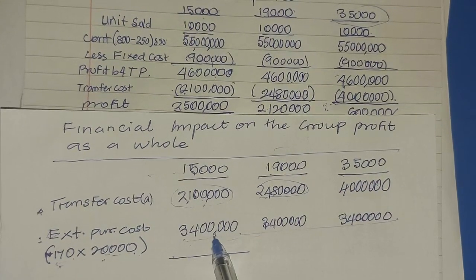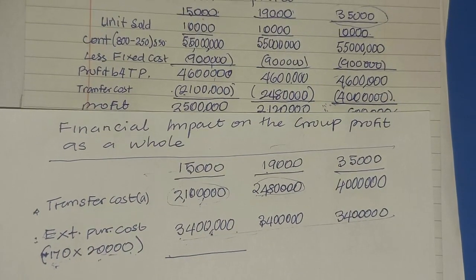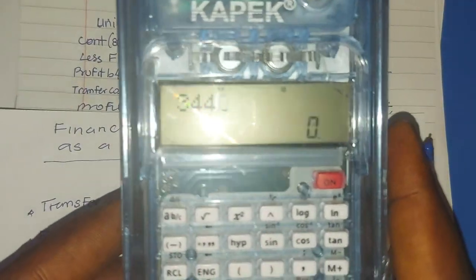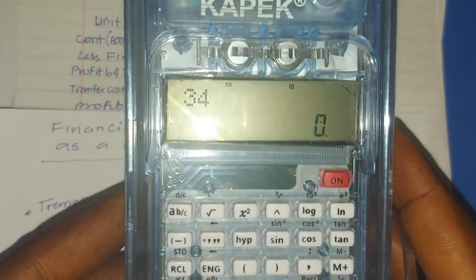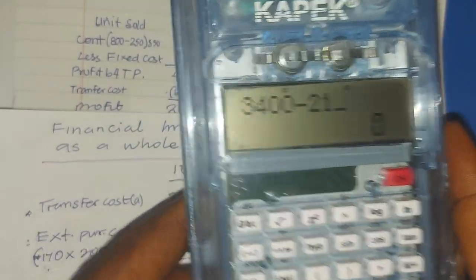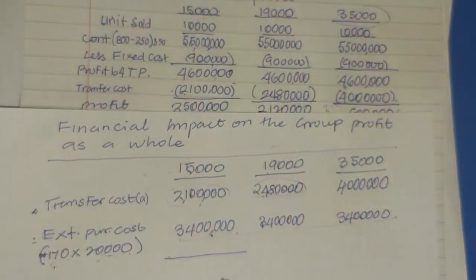It has spent more. This one is more than this, by how much? 3,400,000 minus 2,100,000, by 1,300,000.